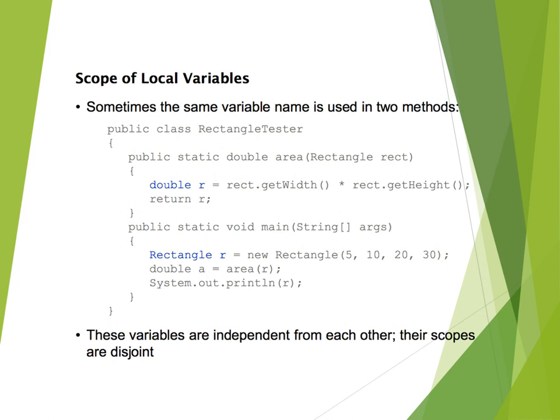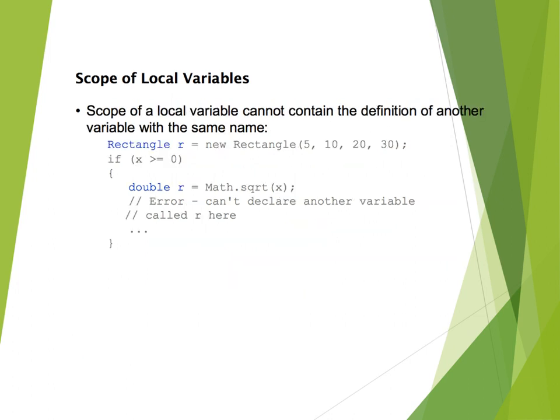So it is possible to use the same name for two different variables if their scopes have no intersection.